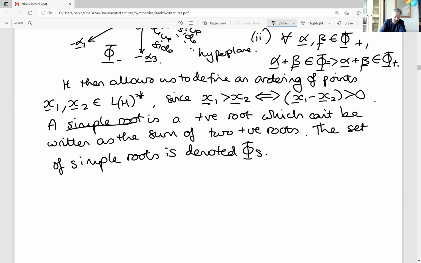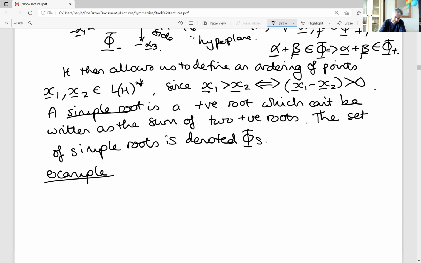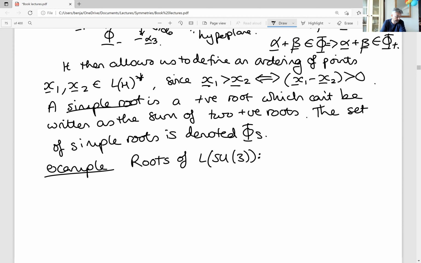Now, I'm going to give you an example. And I'm going to pull it out of the hat, just to show you what we mean. So roots of L SU3, the Lie algebra of SU3. So I'm going to give you a definition of hyperplane as well.